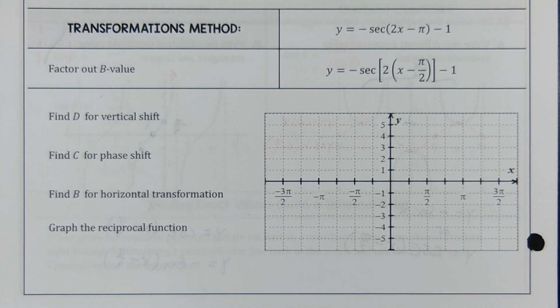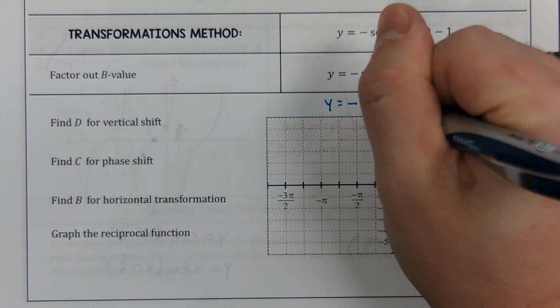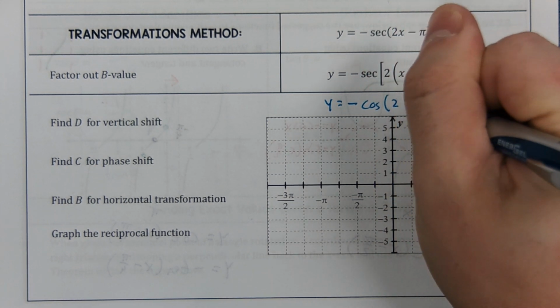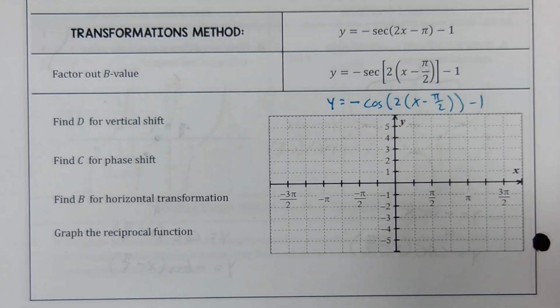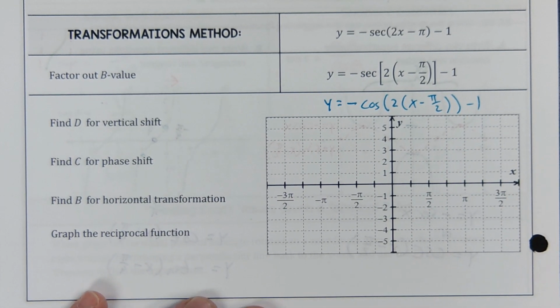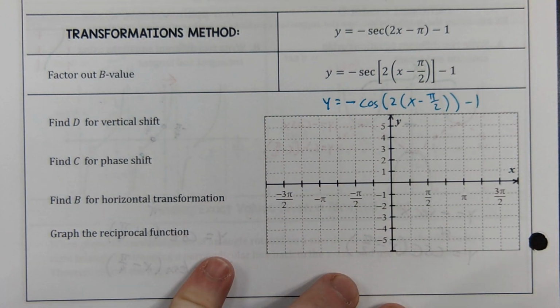Once again, it's tough for me to graph reciprocal functions, secant and cosecant. So I'm going to graph the reciprocal, negative cosine of 2 times x minus pi over 2, minus 1. I'm going to graph this cosine wave as a dotted line. I see its midline is y equals negative 1.